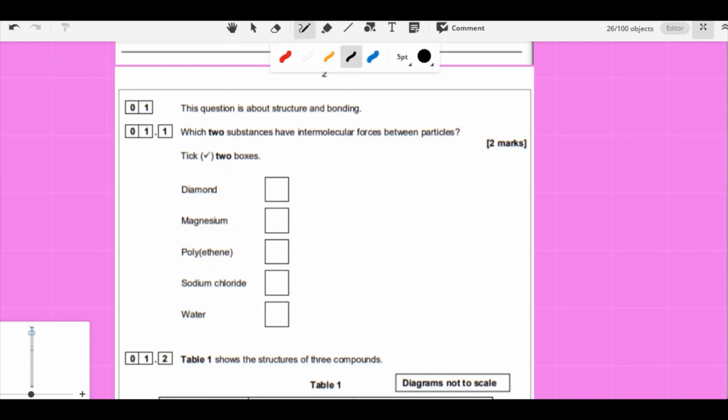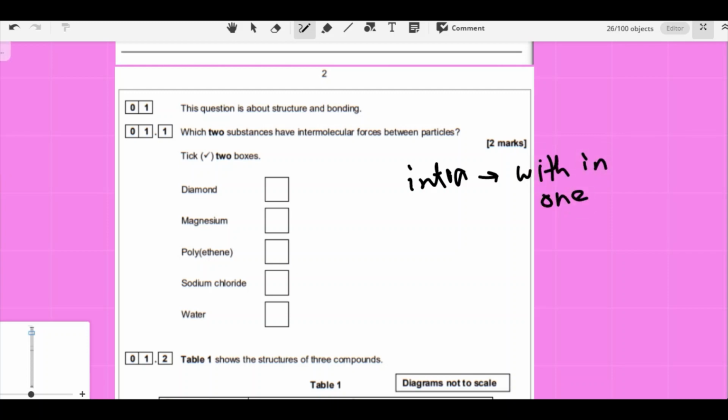As you know, diamond is formed by intramolecular attraction, because intramolecular means the force that is present within one molecule, while intermolecular force is present between molecules. Inter means like international, like intercontinental.